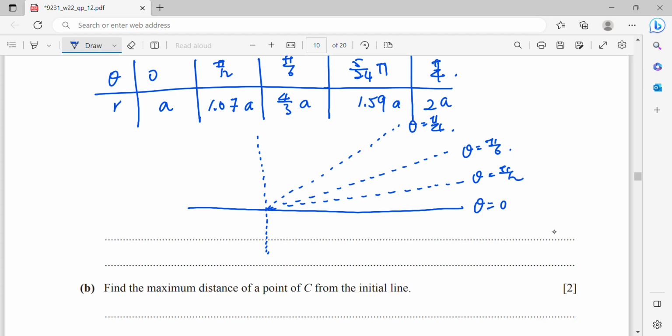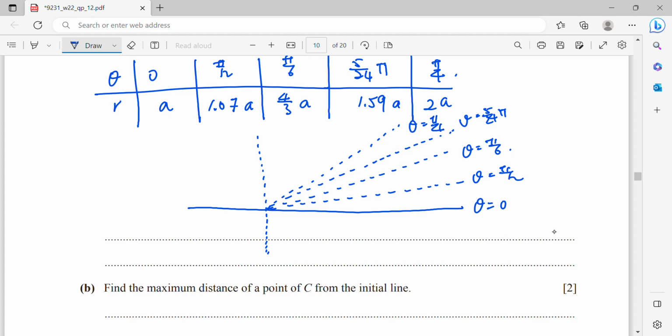And followed by 5 over 24 pi. So you just measure the values.